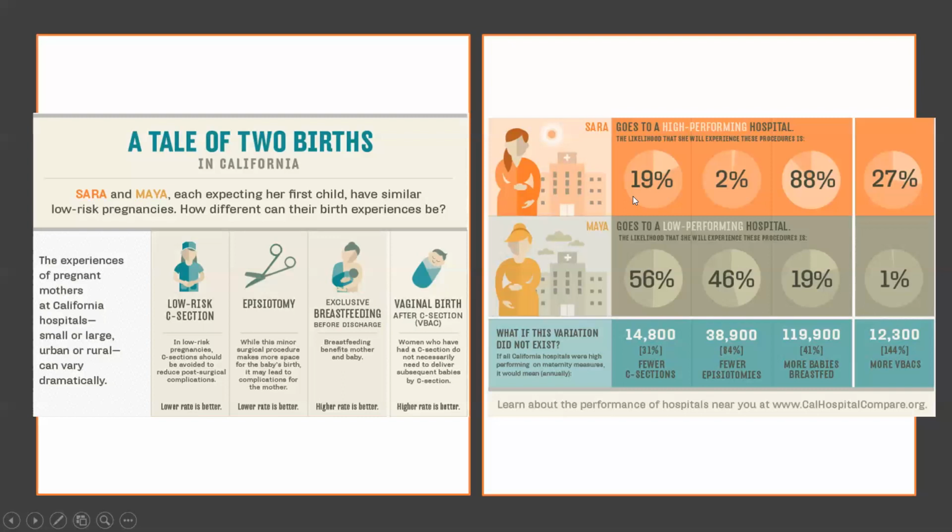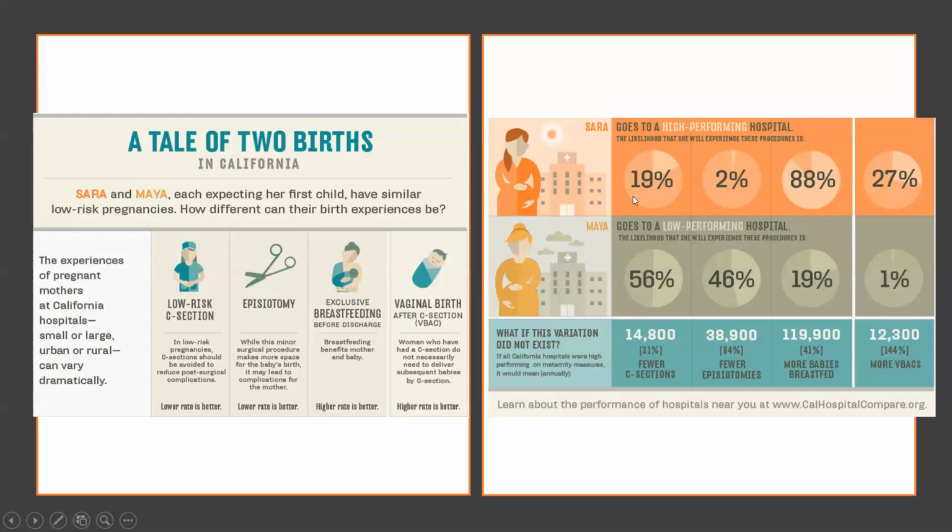So the easiest way to find out if you're at risk for having a C-section based on just the place that you plan to deliver, go online. You can go on Health Grades. You can go on this website, calhospitalcompare.org, and it will let you know exactly what your hospital's doing as far as their C-section rates.